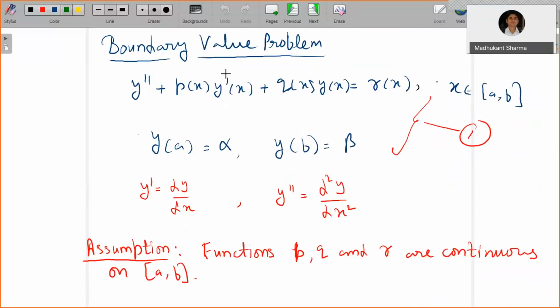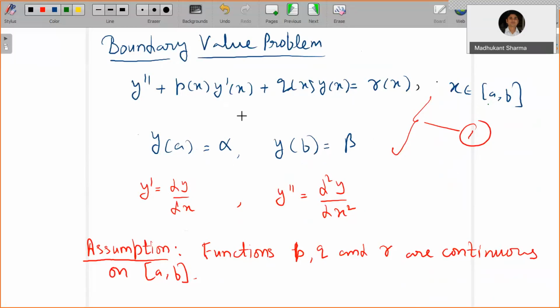Here y dash stands for the first derivative of y with respect to x, and y double dash stands for the second order derivative of y with respect to x. We have assumed that x lies in the interval a to b, and at the left hand point and right hand point the values are given as alpha and beta.